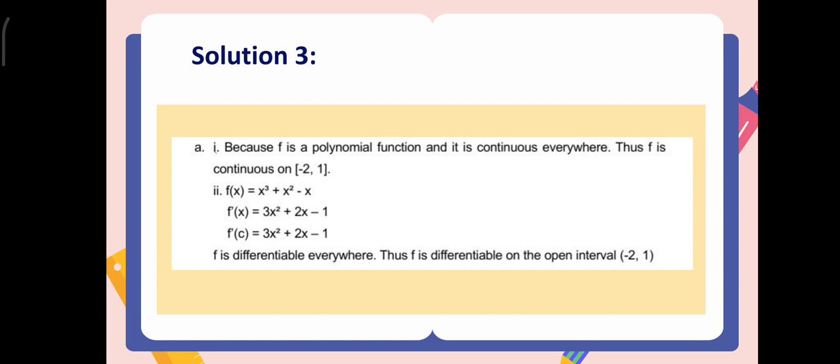Let us see if it is also differentiable everywhere, or on the open interval (-2, 1). Let f(x) = x^3 + x^2 - x. Then f'(x) = 3x^2 + 2x - 1. So it is differentiable everywhere, as shown here. Thus it is also differentiable on the open interval (-2, 1).